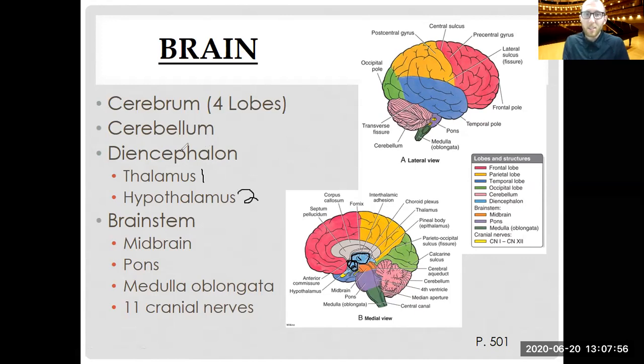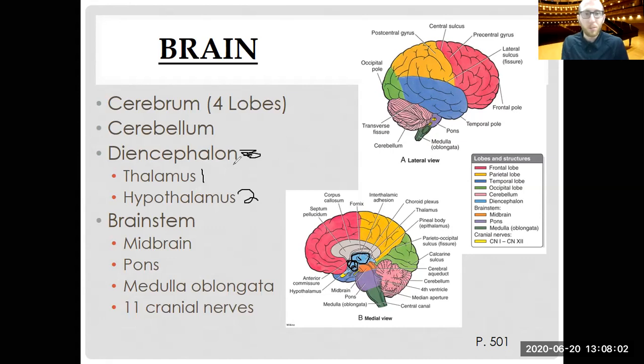Together, they equal the diencephalon. Furthermore, something like the brainstem would be similar. It's got the midbrain in orange, the pons in purple, and then the medulla oblongata in green. So be able to list those out as well as each individual structure.